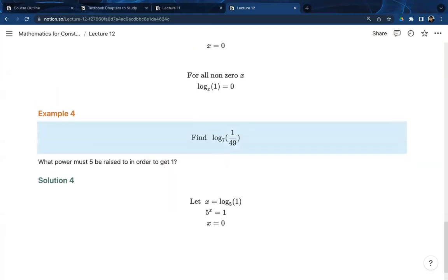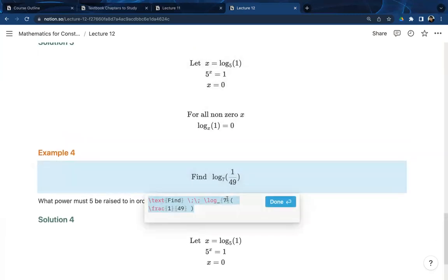So what is the logarithm of 1 over 49 to base 7?